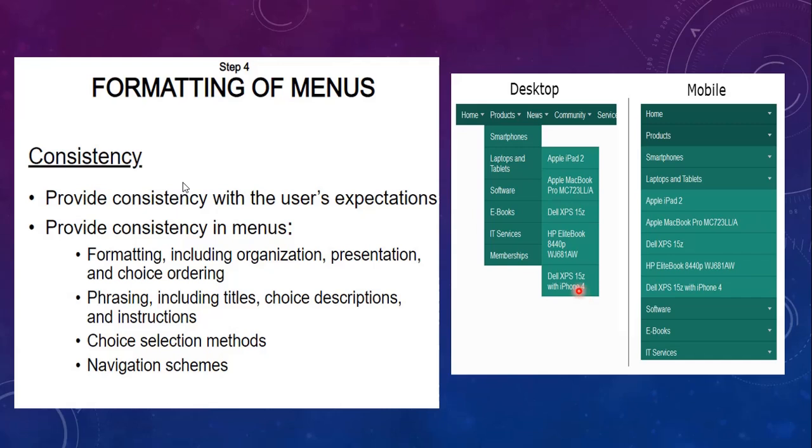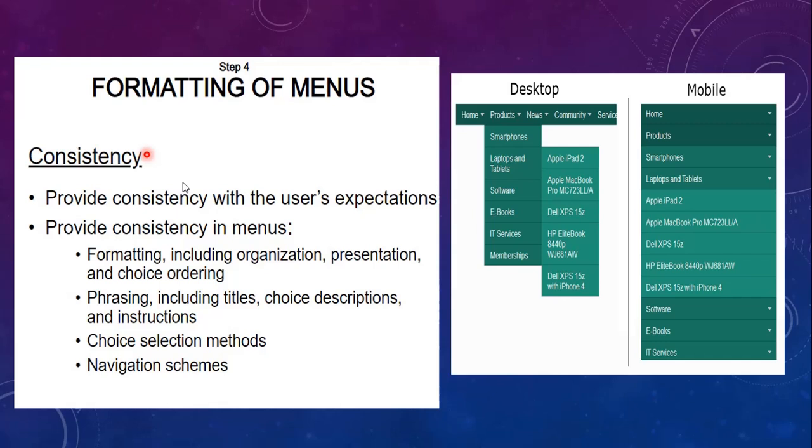Suppose you finish one task, maybe you click a particular choice here, and you close this menu. Again you want to retrieve the same menu. When you access the same menu again, it has to be displayed in the same manner as it was displayed earlier. So that is called consistency.